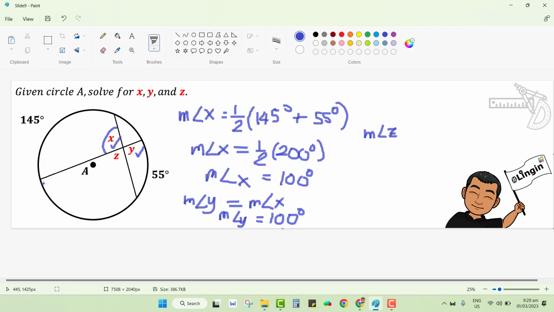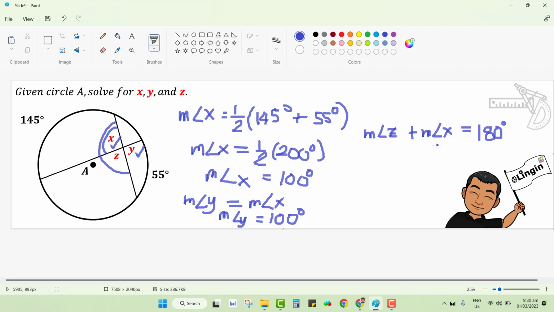But if you are not sure with your computations, you can simply use the concept of the linear pair. Since angle X and angle Z form a linear pair, the measurement of angle Z plus the measurement of angle X is equal to 180 degrees, because angles forming a linear pair are supplementary.